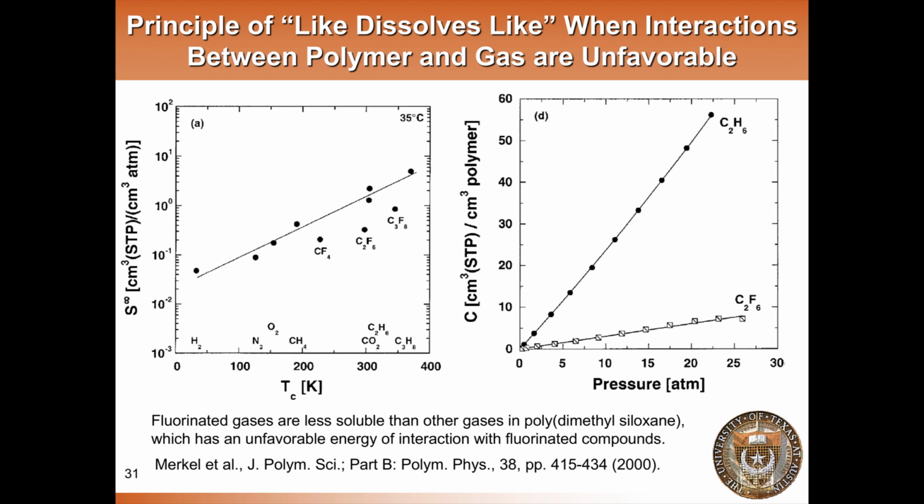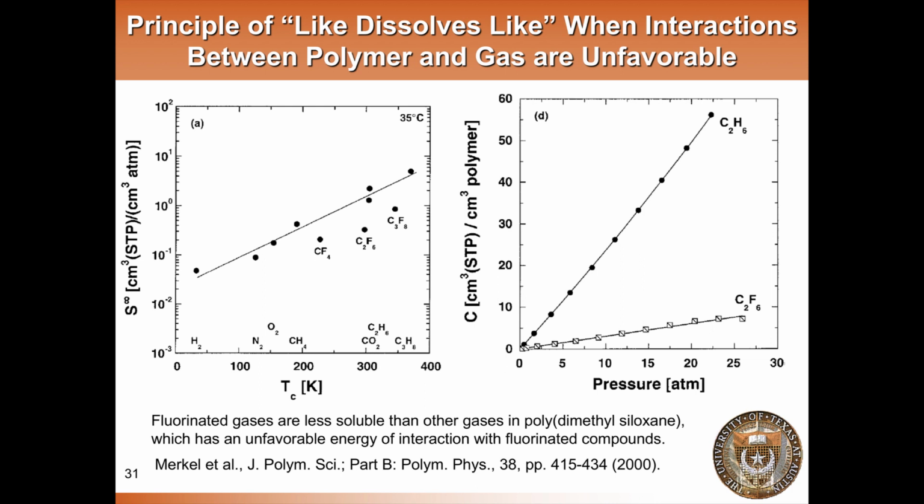I mentioned briefly that hydrocarbons and fluorocarbons don't like to mix. And this is true in the liquid state as well as in gases dissolving in polymers. And so what's being shown on this slide is the solubility of a variety of gases in polydimethyl siloxane on the left, correlated with critical temperature.